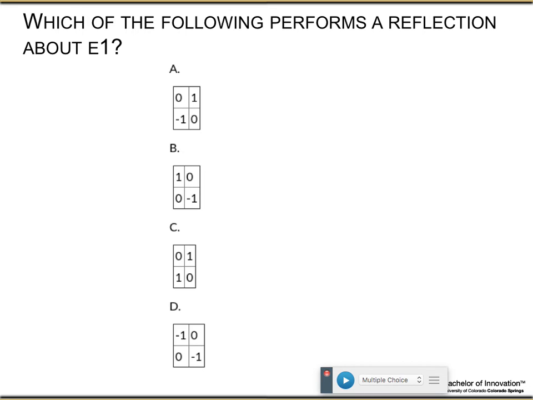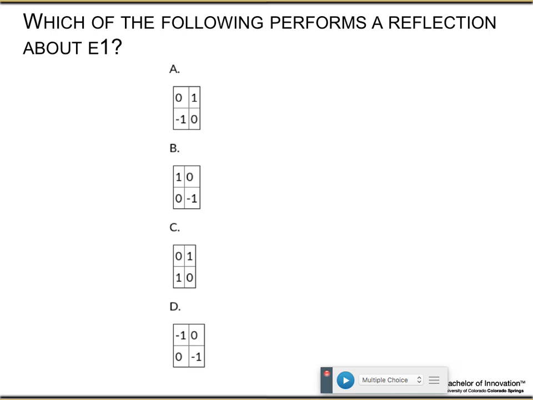So we can think of it here. I'm going to take two vectors, 1, 0 and 0, 1. I'm going to multiply them by the matrix 0, 1, minus 1, 0, times 1, 0, and I'll do it by 0, 1 as well. So we're going to multiply these out. 1, 0 becomes 0, minus 1, and this becomes 1, 0.